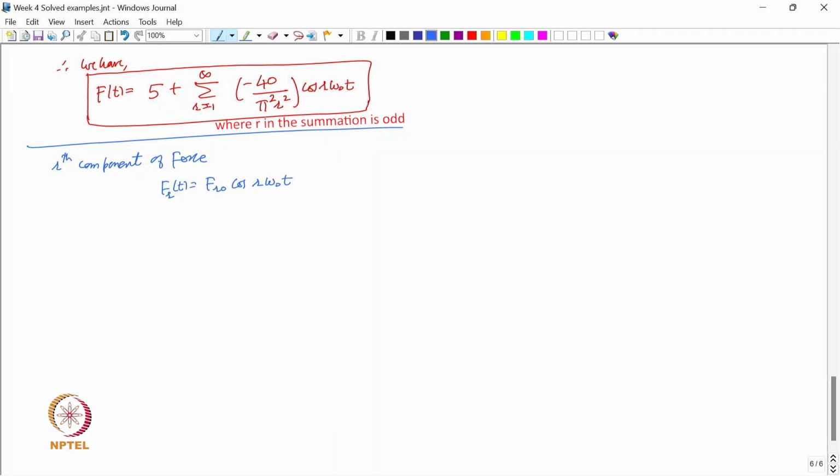How to find the response to that? We know that the frequency response function, the receptance FRF, alpha omega, is given by 1 upon k minus m omega square plus i omega c.